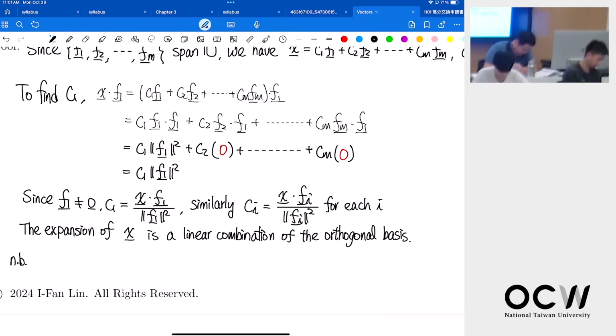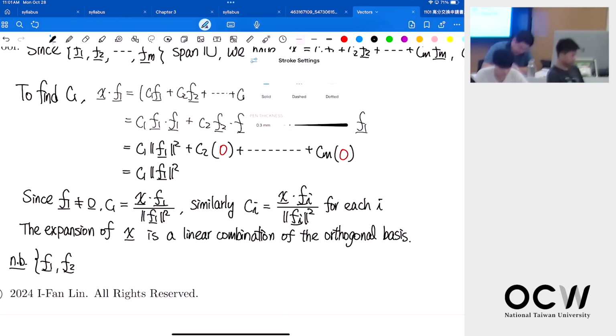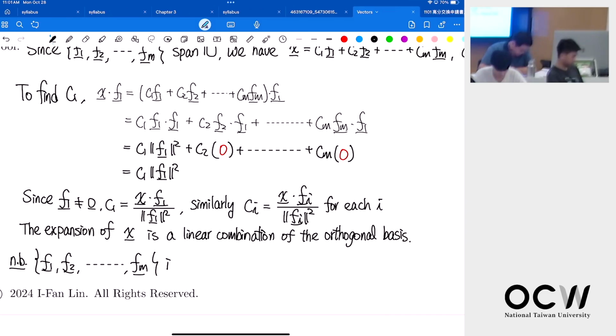And we say this orthogonal basis F1 to Fn to Fm. This is called Fourier expansion of x.